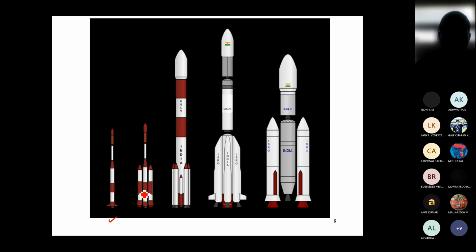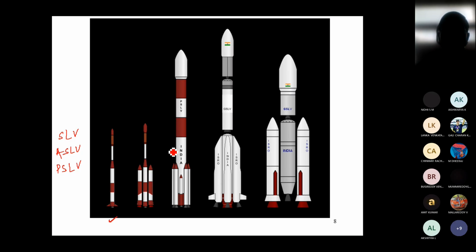So this one we call the augmented satellite launch vehicle. The first one is called satellite launch vehicle, and the higher version of that is called augmented satellite launch vehicle. Then we have improved to another launch vehicle called PSLV. PSLV stands for Polar Satellite Launch Vehicle.